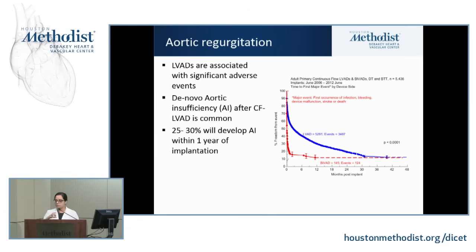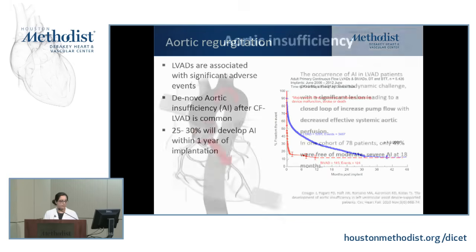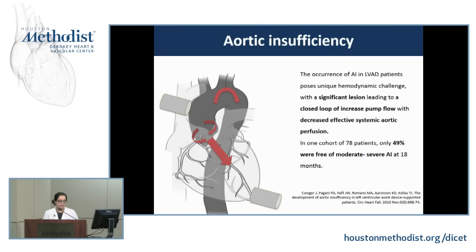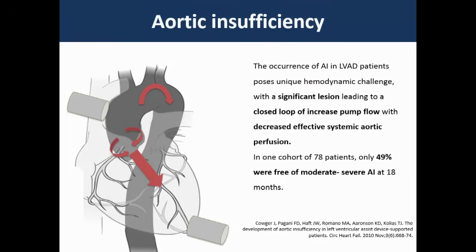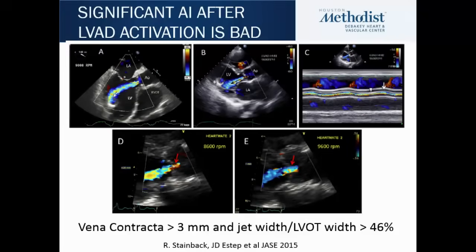I have a beautiful hemodynamic tracing coming up where somebody who has AI cannot unload no matter how much speed we're at. So why does that happen? Because if you have an aortic regurgitation loop, it becomes like a closed loop, and despite increasing the flow, you just have so much leakiness going on that you cannot unload effectively. And anywhere from 15% to 49% of people develop aortic regurgitation over time.